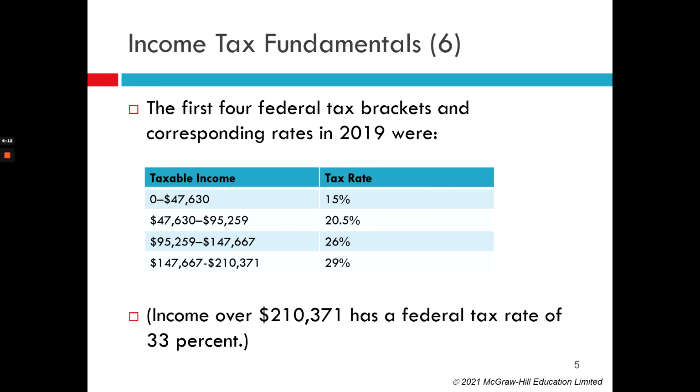Of significant note, so if I earned $50,000, only the portion that's above $47,630 will be taxable at the higher rate of 20.5%, not the entire amount. So common error is just to say they're earning $50,000, so 50,000 times 20.5%. No, that's incorrect. These are just federal tax brackets. You will add on provincial to them as well.